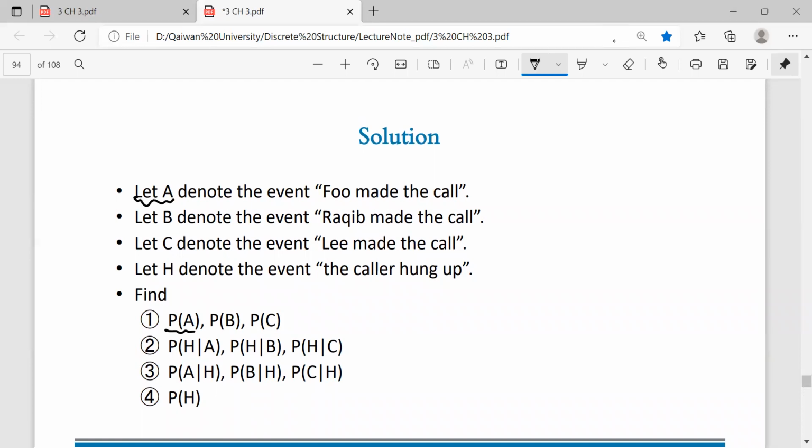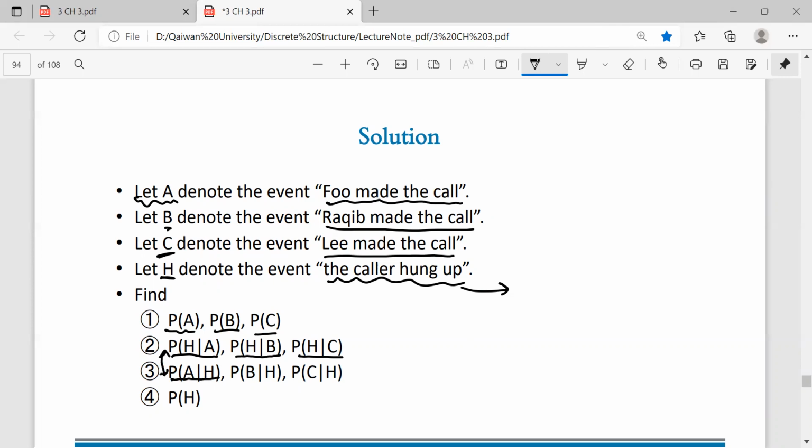It says find probability of A. Here we let A denote the event that Fu made the call, B denote that Raqib made the call, C denote that Lee made the call, and H denote the event the caller hung up. It says find probability A, probability B, probability C, and also probability of H given A, probability of H given B, probability of H given C, and also probability of A given H. This is different from that one.